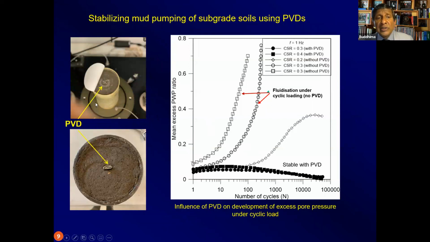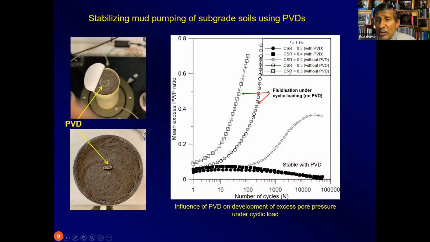Now, in order to dissipate the excess pore pressure and to prevent excessive hydraulic gradients, one way to alleviate this risk of subgrade mud pumping is to install vertical drains. As you can see from this triaxial sample, where the soft soil is stabilized with a vertical drain in the middle and then subjected to cyclic loading, mimicking a typical heavy haul train.